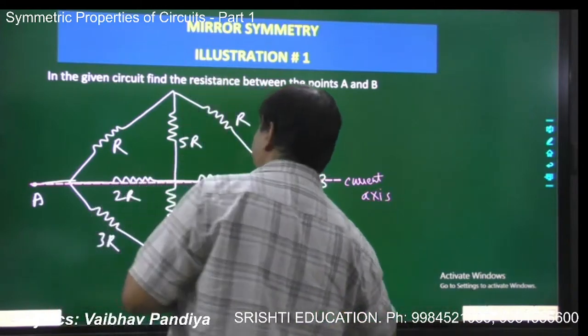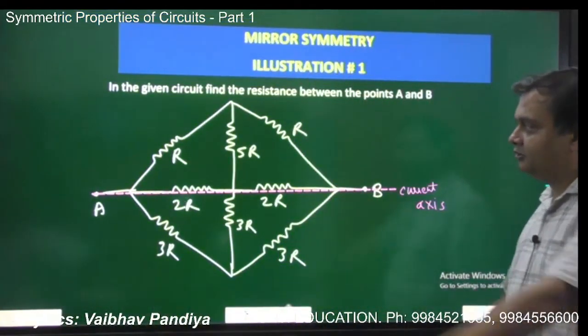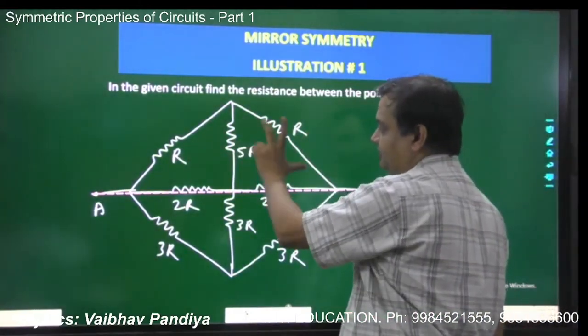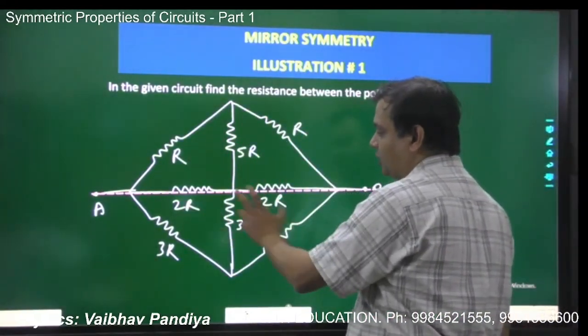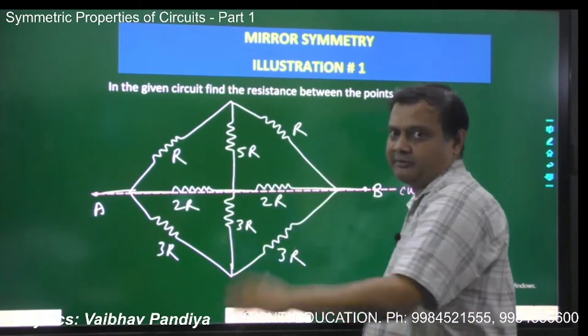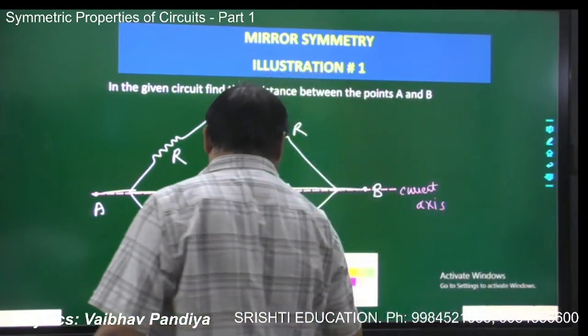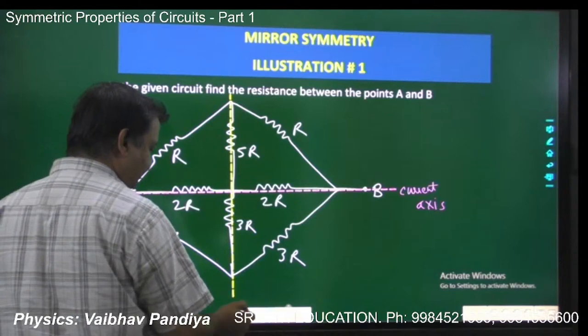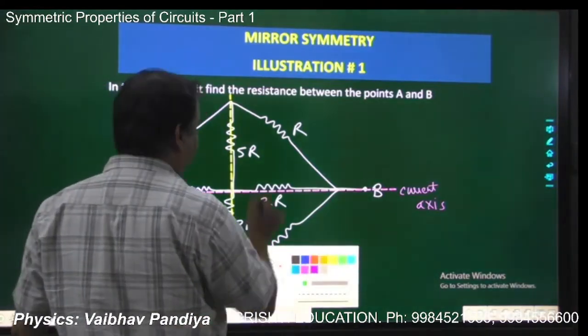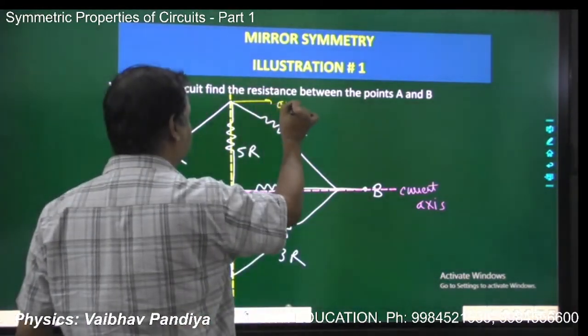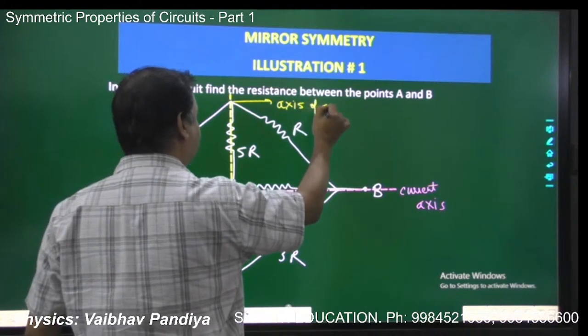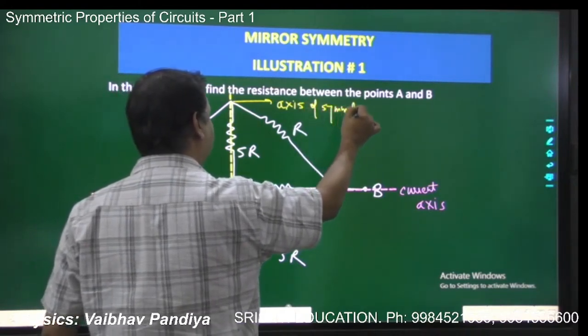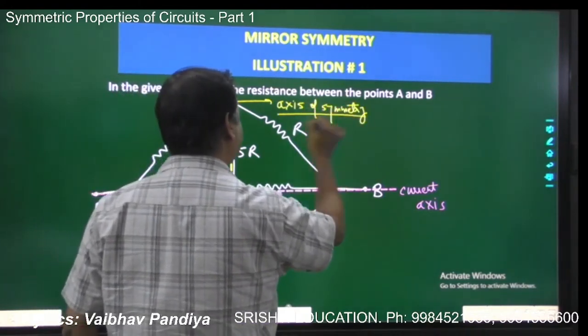Now, can you see, is there any line of symmetry? If you see, this is R, which are mirror images, 2R mirror images, 3R mirror images. So we have a vertical line, and this vertical line is acting as an axis of symmetry.